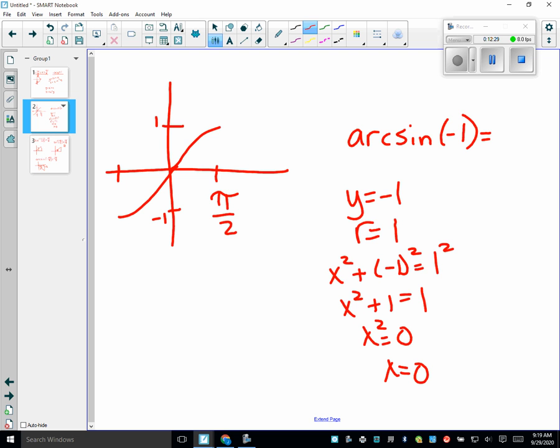So if x is 0 and y is -1, where am I? Am I right here? Yeah. What angle is that? Between -pi/2 and pi/2, what angle is that? -pi/2.